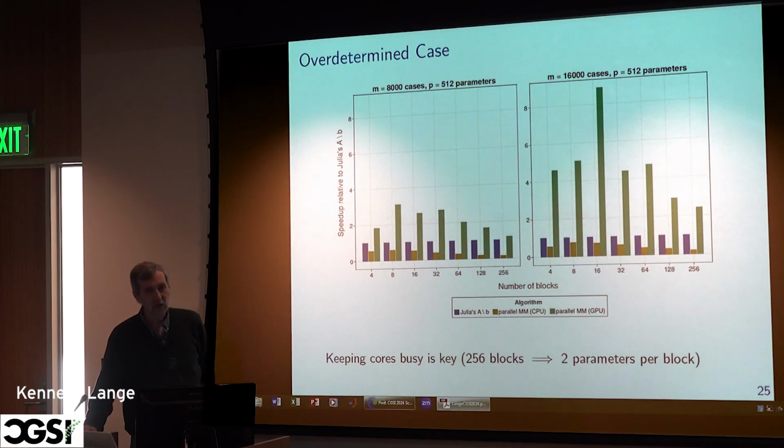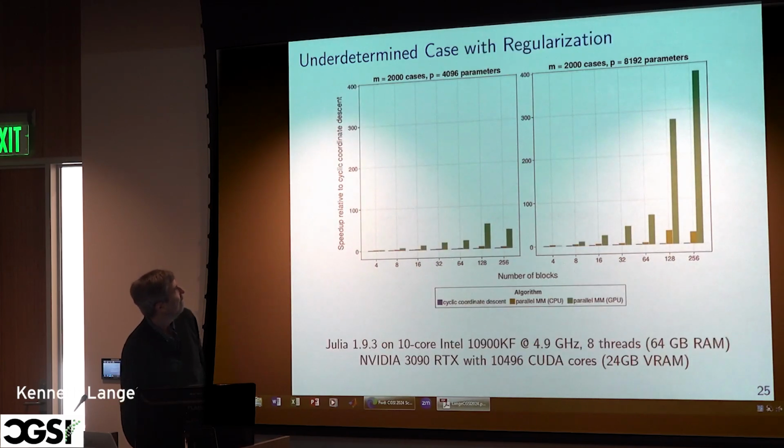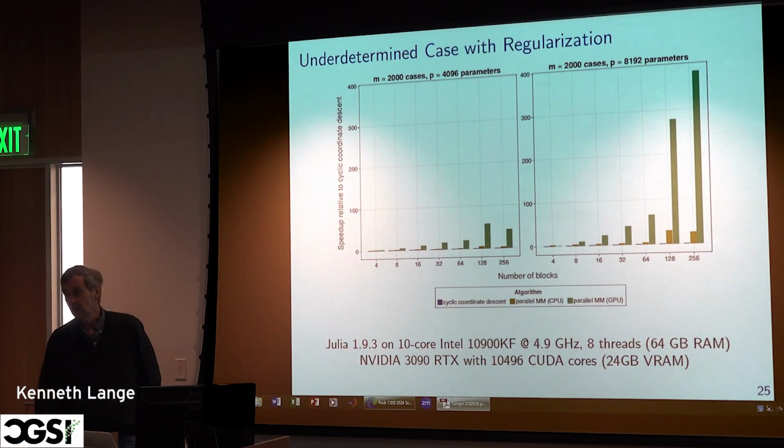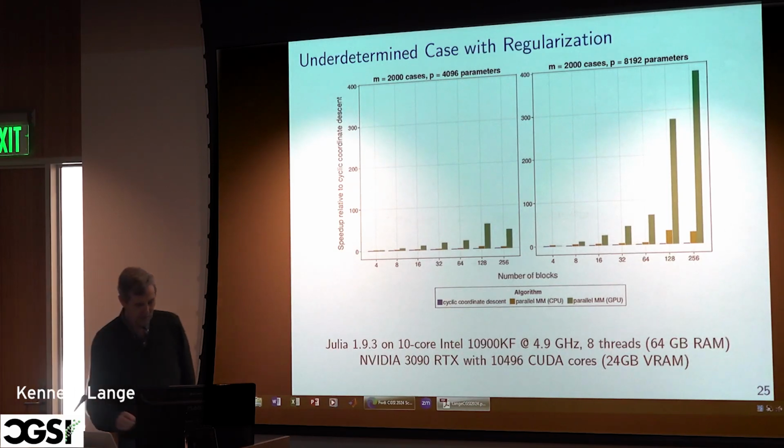So there's a trade-off between the complexity of each iteration and the number of iterations. But you can see with the GPUs, there is a substantial increase in the speed when you go to the parallel version. And this is the underdetermined case with regularization, even better here. Now the GPU version can be hundreds of times faster than the standard version. So that's something you can do with least squares.